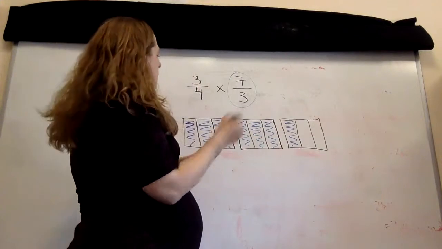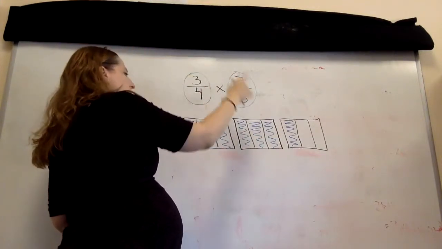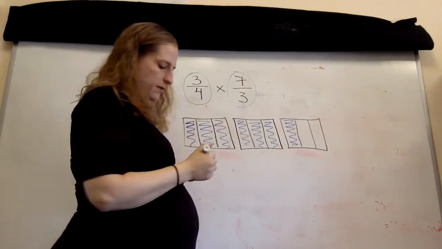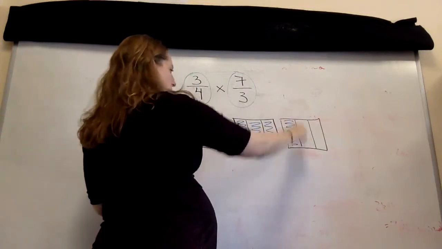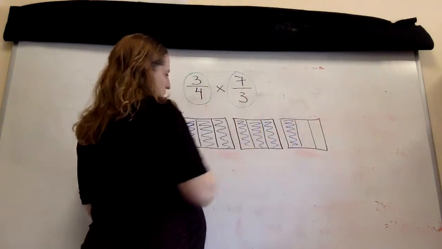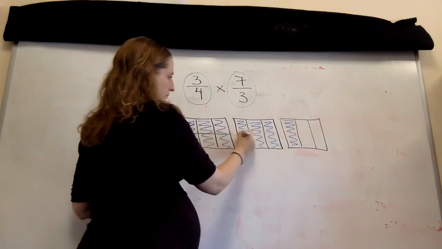Now I want to show 3/4 of that 7 thirds. So I'm going to take my blue colored-in part, which shows the 7 thirds, and split it into fourths.